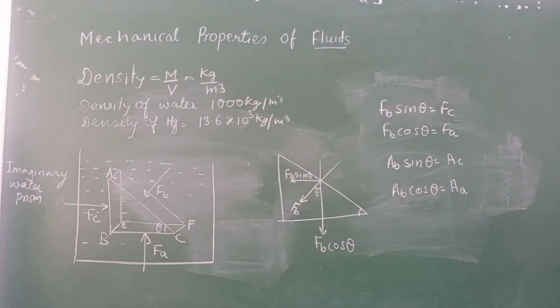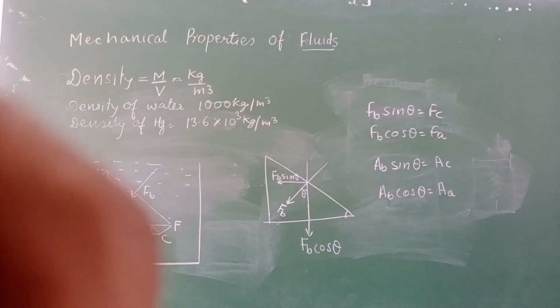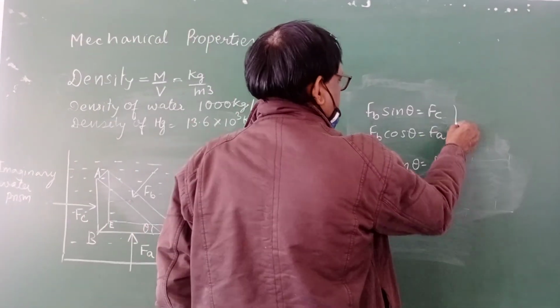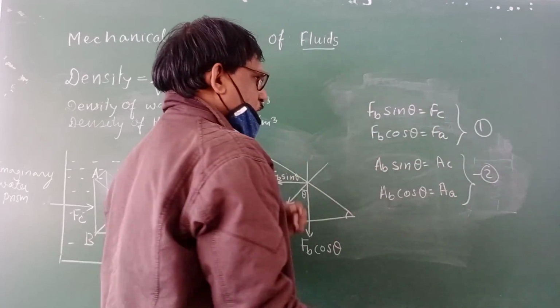And then divide them. If we get the components like this, then we divide the components. You can say that this is equation number 1, and this is equation 2. Divide equation 1 by 2.